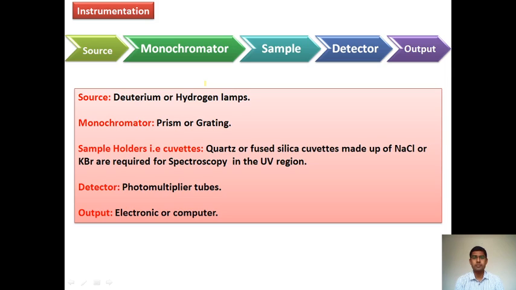Next is the sample holder, that is cuvettes in which your sample is kept, that are quartz or fused silica cuvettes, made up of NaCl or KBr for UV spectroscopy. Then is the detector, which is photomultiplier tubes. We are well acquainted with these photomultiplier tubes. And the last one is the output, which is electronic or a computer in advanced double beam ultraviolet spectrophotometers. Usually the output is a computer.